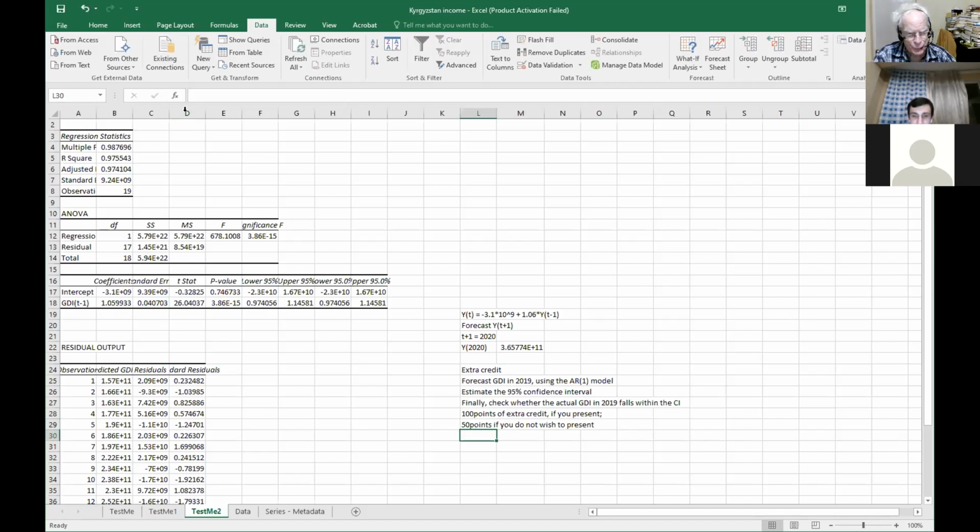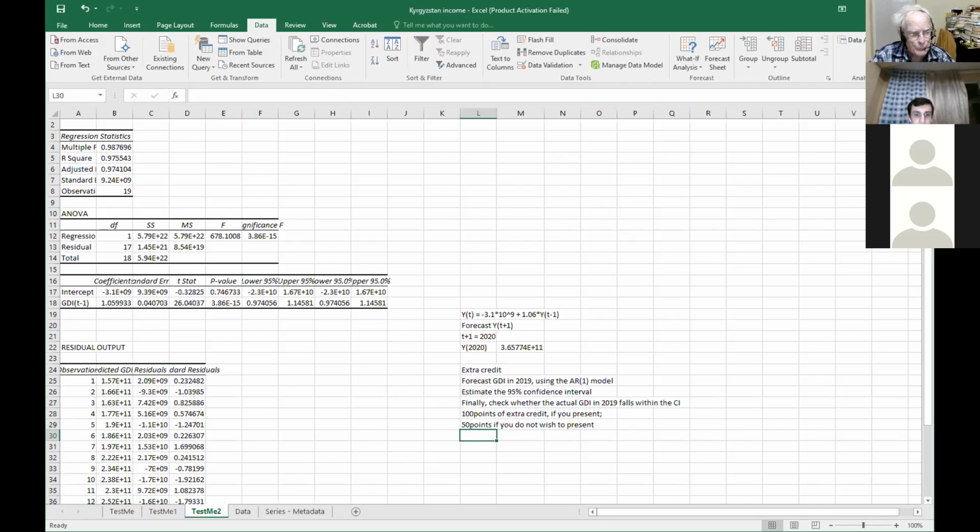Just to run regression. Can I ask a question? Yes. Forecasting GDI for Kyrgyzstan again? Yes. But don't we have a value already for 2019? Exactly, yeah.